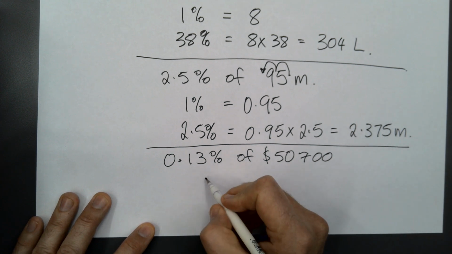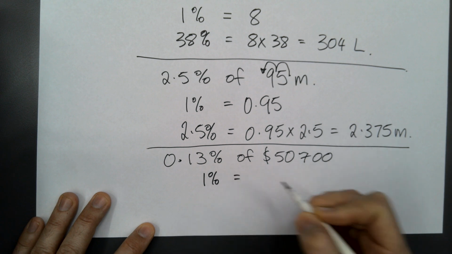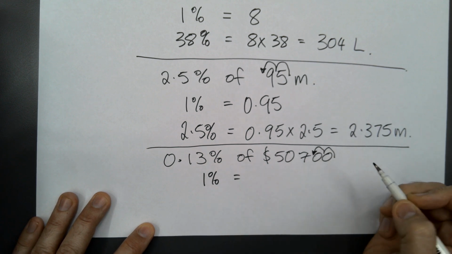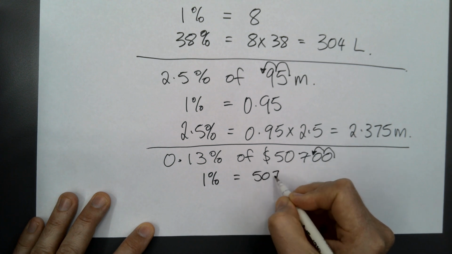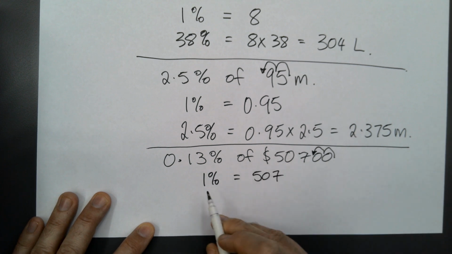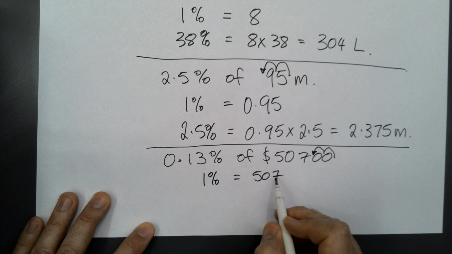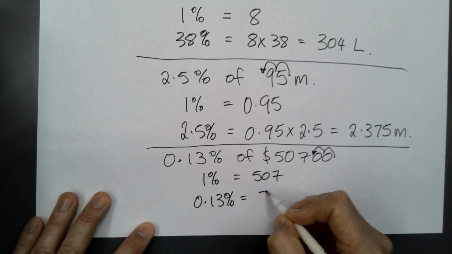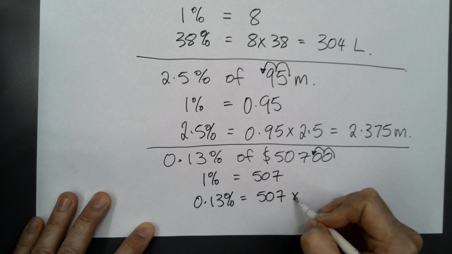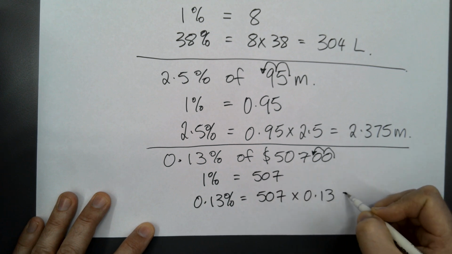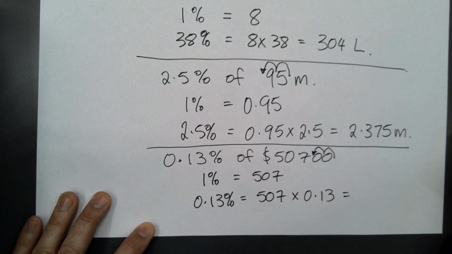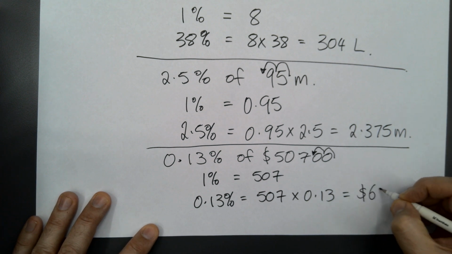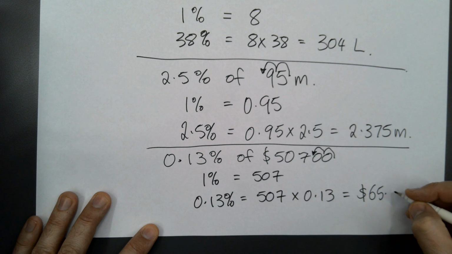Go back to procedure. What is 1%? Well, I bounce a decimal place 2 over. So 1% is 507. Well, now I need 0.13 of that. So 0.13% is 507 times 0.13, which is $65.91.